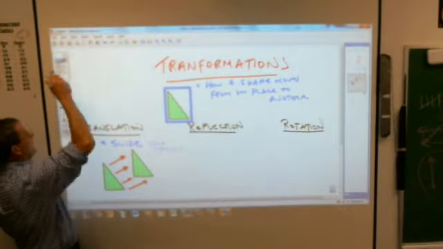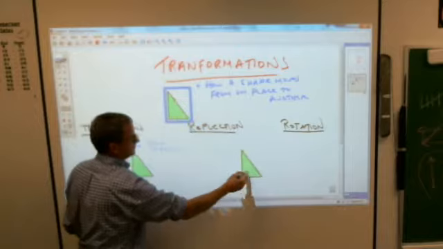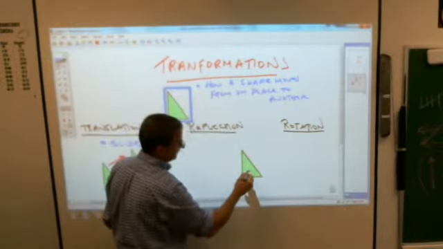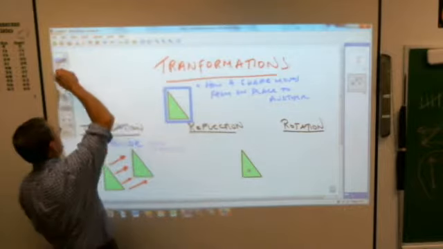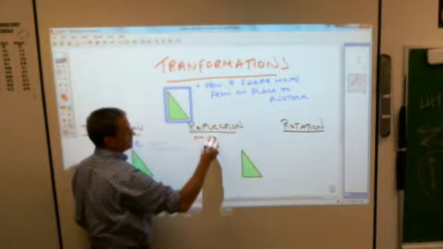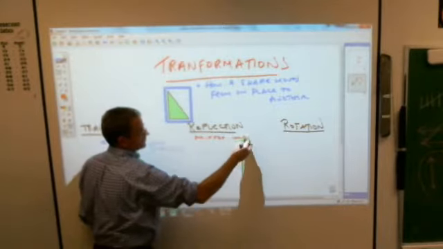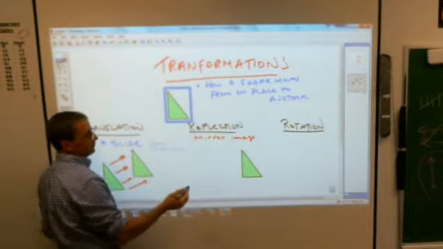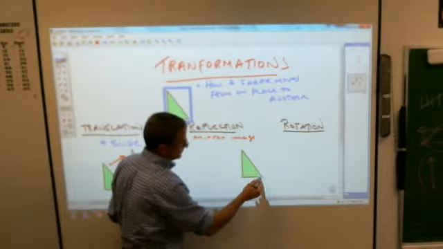Now, a reflection, on the other hand, children, let me put this on top of each other. A reflection is pretty much a mirror image. When you look in a mirror, what happens? It kind of gets put backwards. So a reflection of this means this.